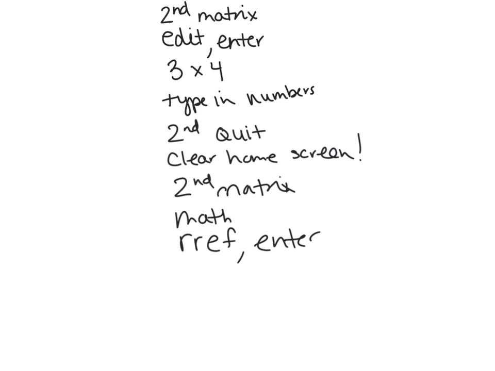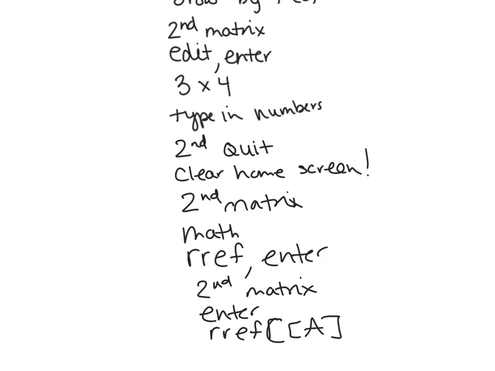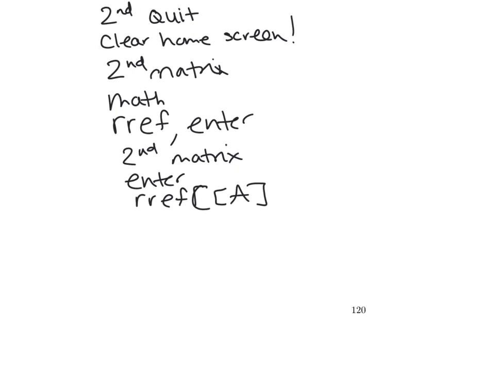So that was ours, matrix A. So we're going to go back and hit second matrix again, and hit enter on that, so that what you should see on your screen is RREF, and then a parenthesis with bracket A. Hit enter. And what you see now is the reduced row echelon form of your matrix.